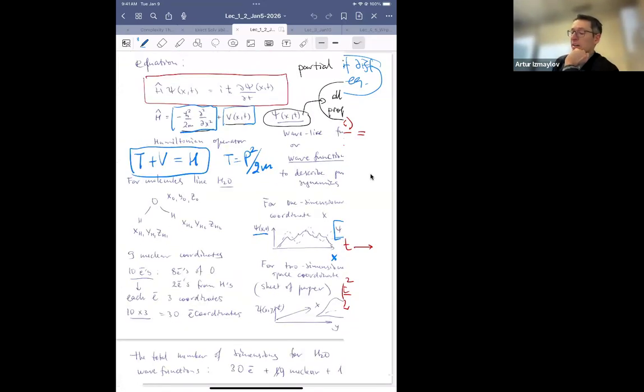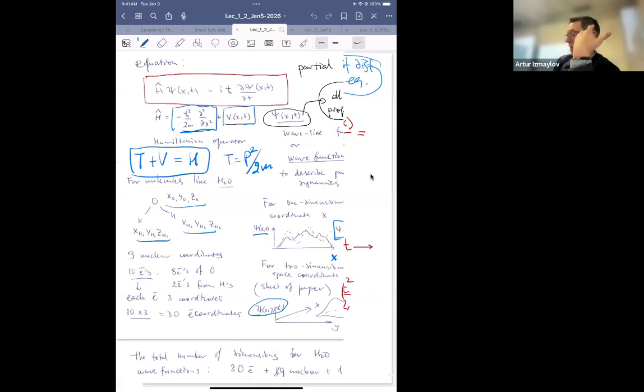Okay. And on top of that, the more particles we have, like let's say a water molecule, for every particle that we have in the system, we need a coordinate. So the function that is a solution of the Schrödinger equation becomes a more and more complex object because of this coordinate dependence.